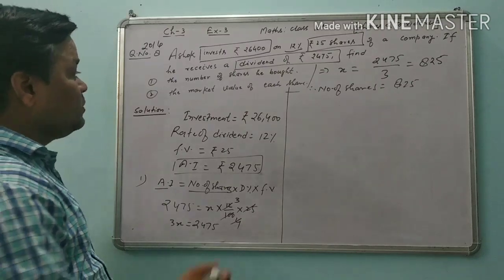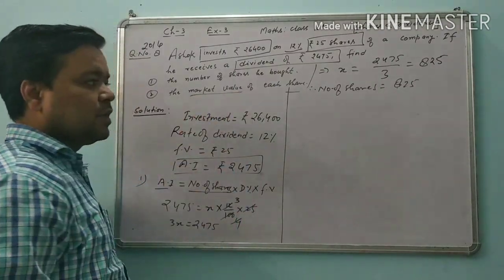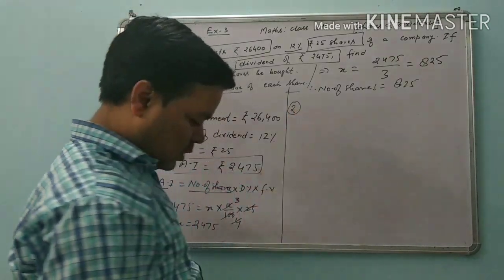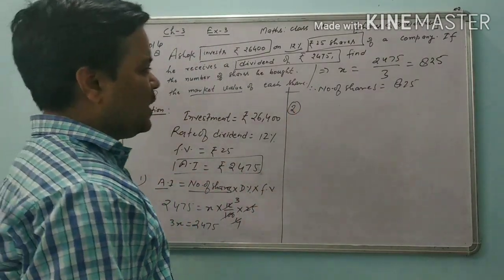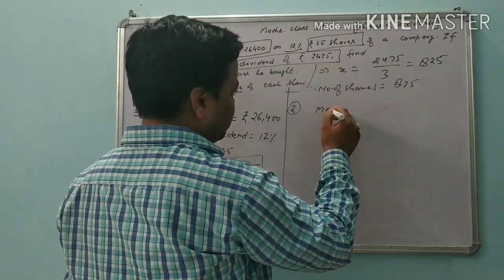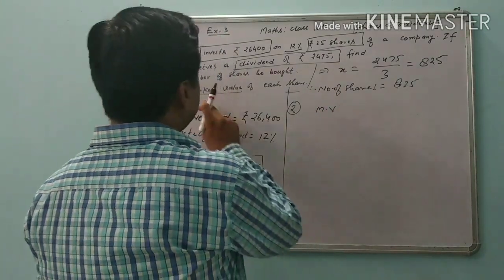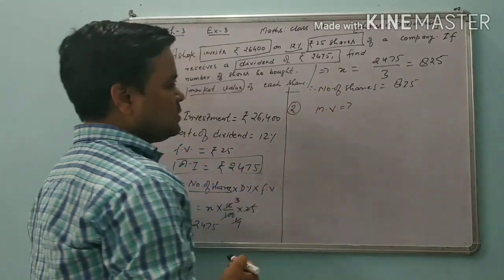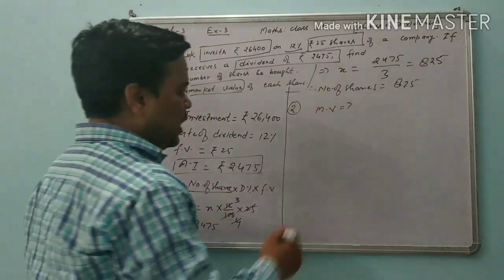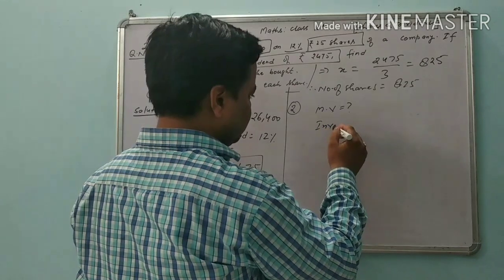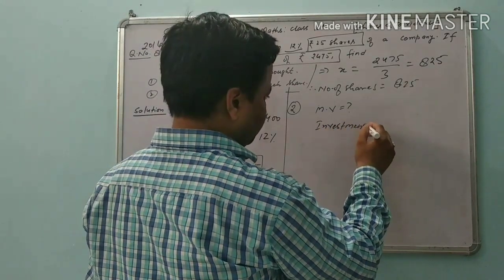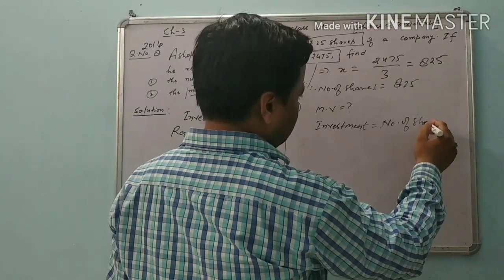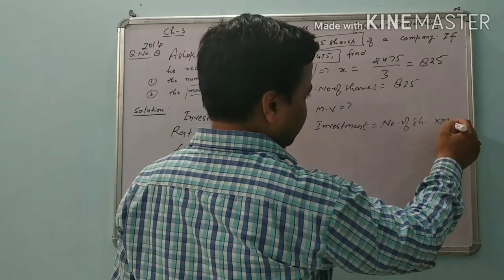Now in the second part we have to find the market value. Again we think which formula will be suitable for this. The question is asked about the market value, and we know that investment is equal to number of shares into market value.